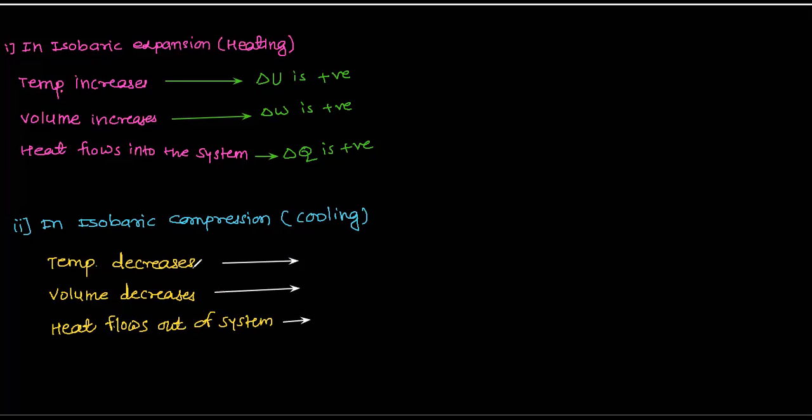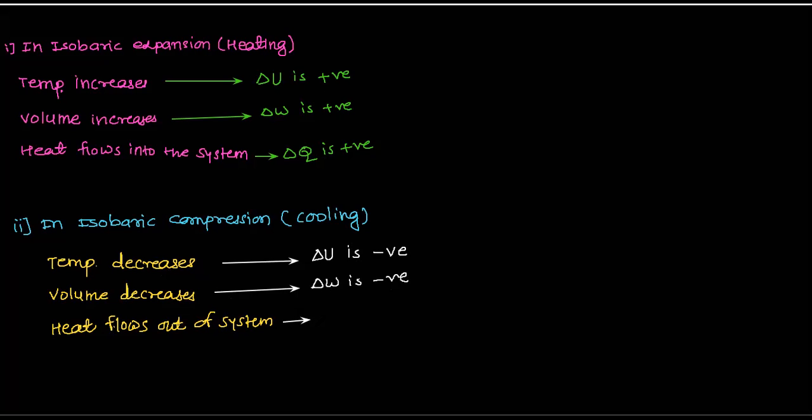Let's see. Temperature decreases, so delta U is negative. Why? Because as temperature decreases, internal energy decreases. Volume decreases, so delta W is also negative.